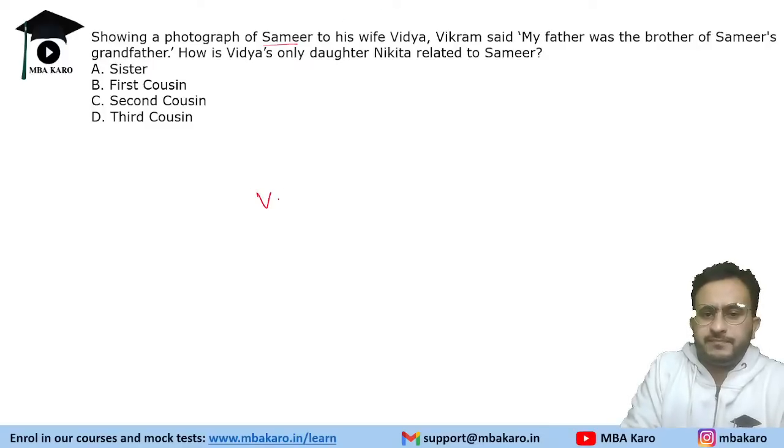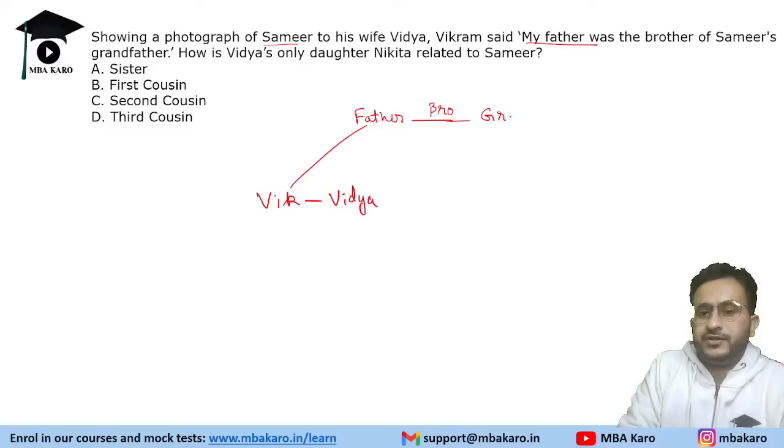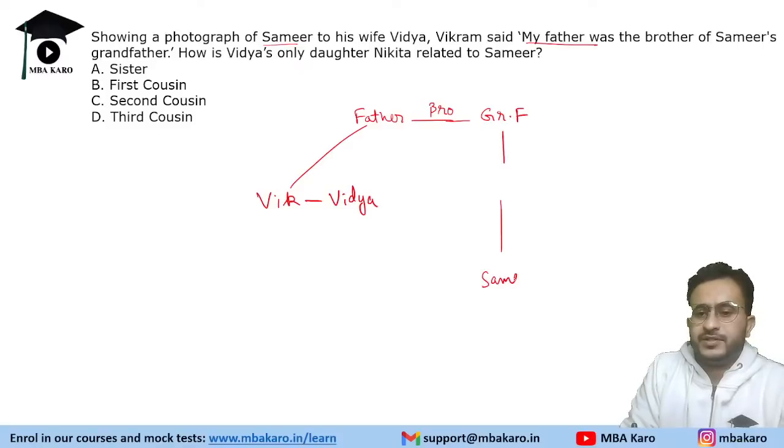So this is Vikram. Vikram is married to Vidya, right? Vikram says, my father, so Vikram's father was the brother of Samir's grandfather. So this is the grandfather of whom? Samir. So Samir is this person, right?